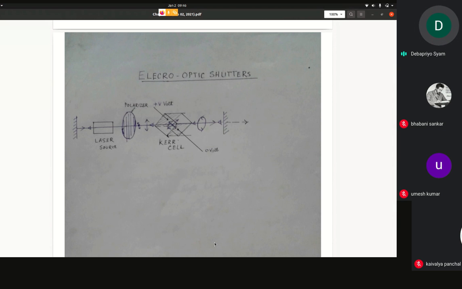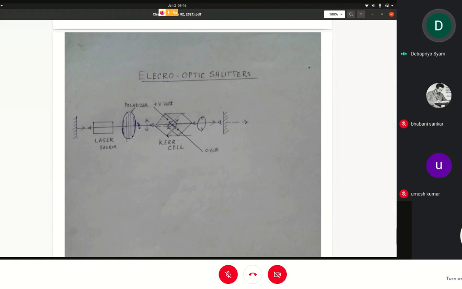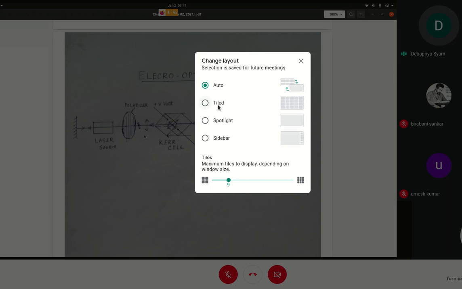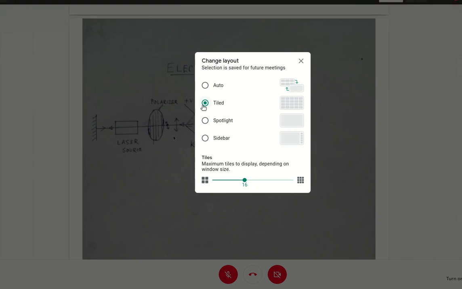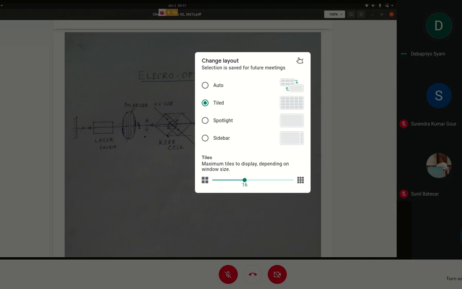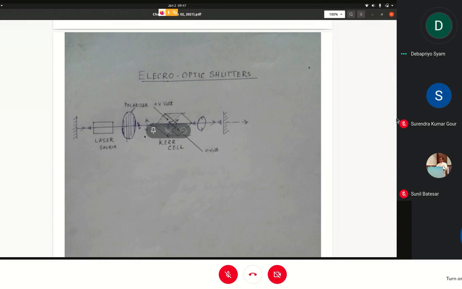Now the polarizer produces radiation which is polarized in the vertical direction. So this polarized radiation makes an angle of 45 degrees with both sides of the entry face of the cell.